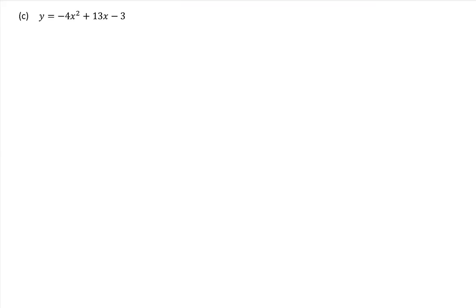So recall that if we want to factor an expression that has a negative leading coefficient, we should common factor out the negative number. So we're going to take out the negative 1, and we're left with 4x squared minus 13x plus 3. So in this example, we need two numbers that add up to negative 13, the b value, and multiply to 4 times 3, which is 12. So factors of 12 that can give us negative 13.